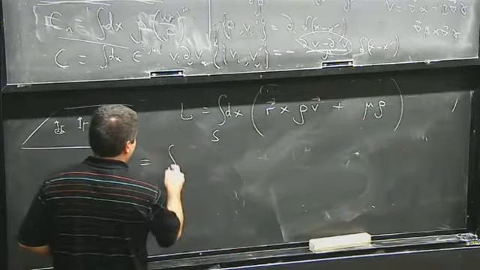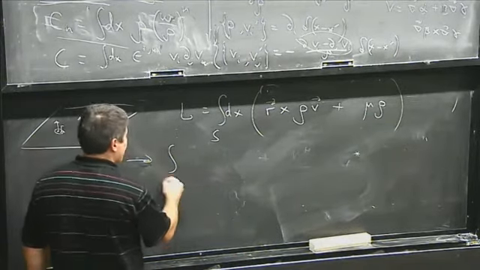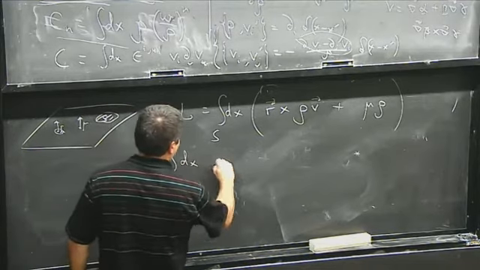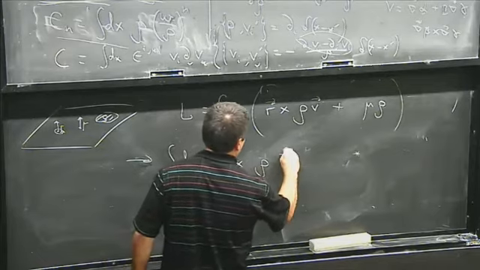And integrating by parts and dropping the surface term, we obtain R cross rho V plus.